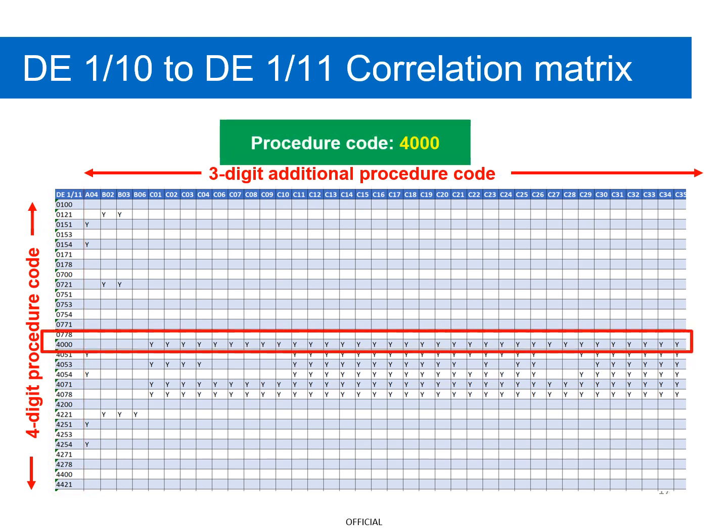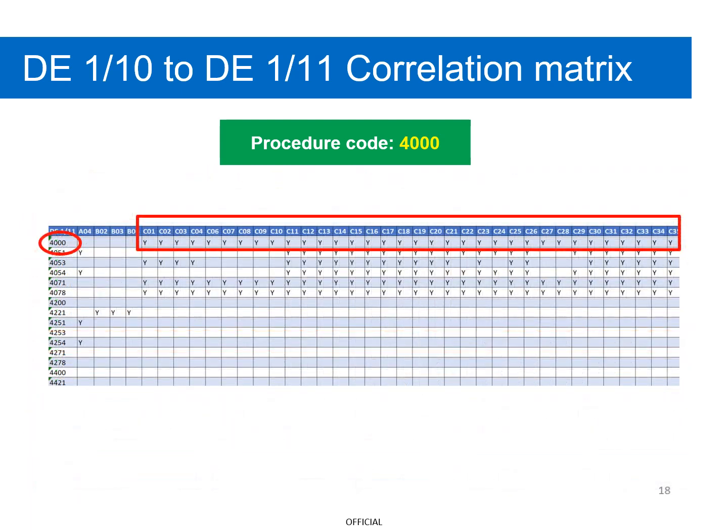Hallie can now start to identify the possible additional procedure codes. If there is a Y marked in a cell, it means that the corresponding procedure and additional procedure codes match. From this, she can identify that additional procedure codes C01, C02, and so on are compatible with procedure code 4000.